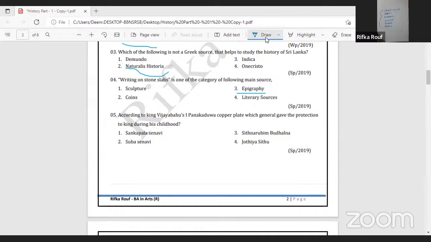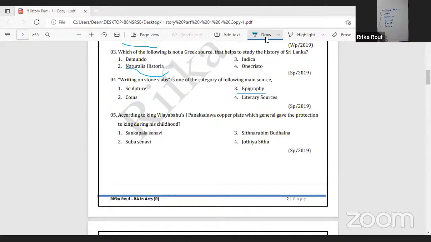Sitnarubim Budalna alias what? Yes, Buddha Raja. Remember? Sitnarubim Budalna alias Buddha Raja.